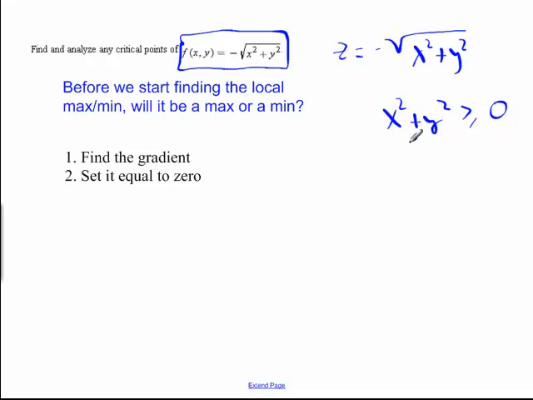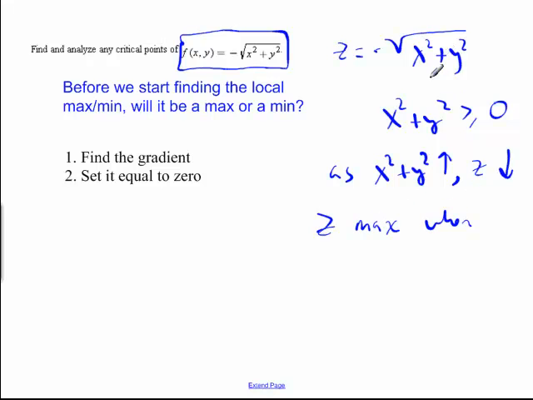And as x and y grow, as x squared plus y squared increases, my z value, because of this negative in front, will decrease. So we would expect that z will be as big as possible, so z will have a max when what is true?